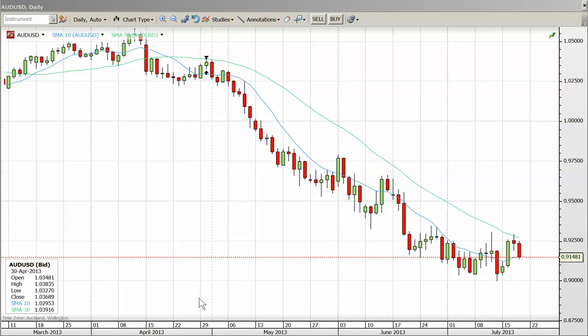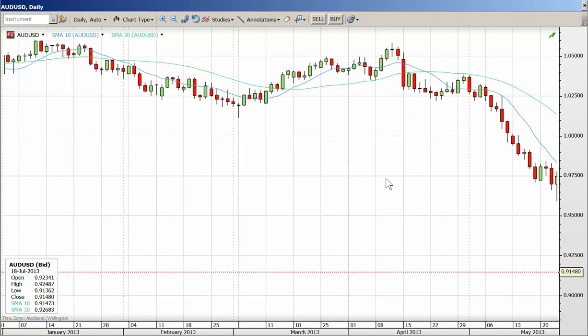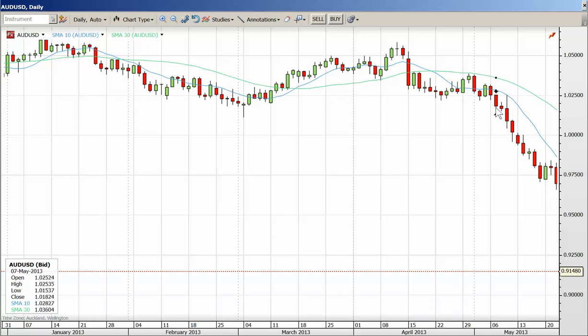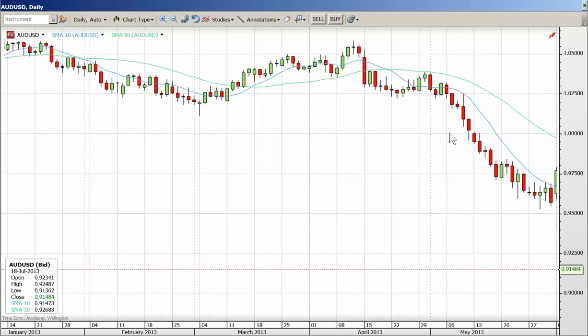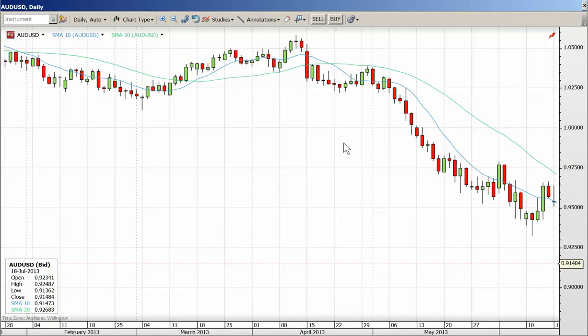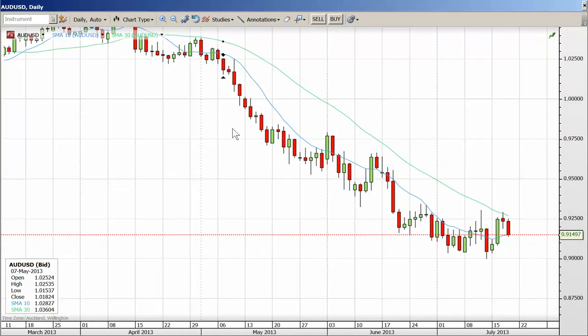And I think I've mentioned in a previous video, when we got this lovely breakout on Aussie USD back in here, I did take a position and I played around with it. I got in and I got out, and actually I would have been far better to hold that initial position and just continue to hold it until the lower high and lower low sequence was broken.